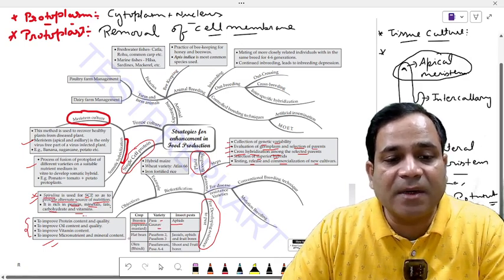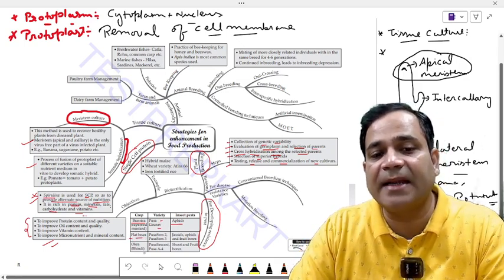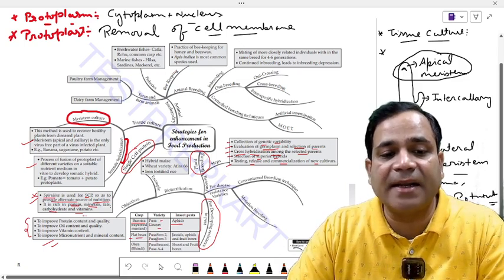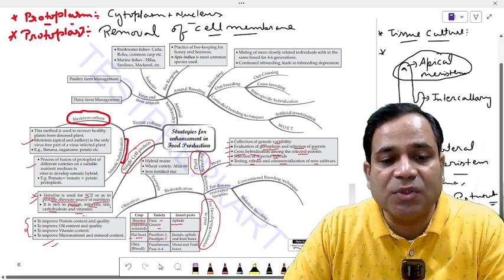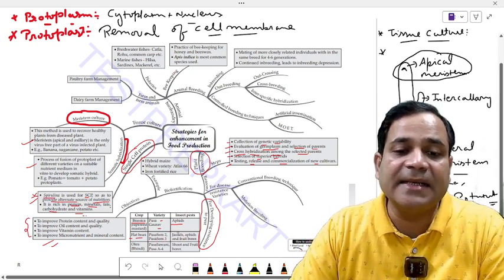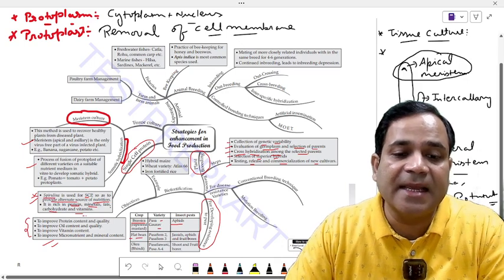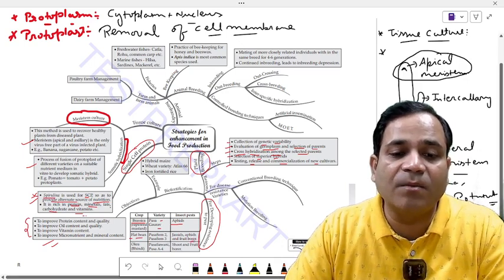Second is flat bean. The varieties of flat bean are Pusa Sem 2 and Pusa Sem 3, and the insect pests are jassids, aphids and fruit borer.